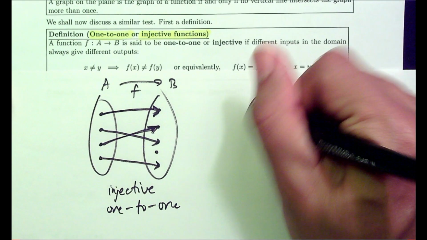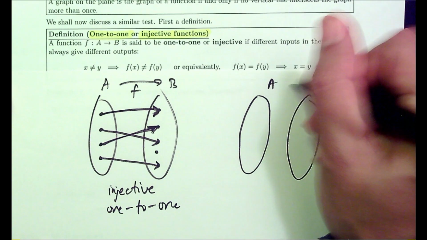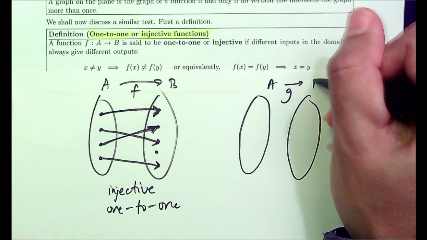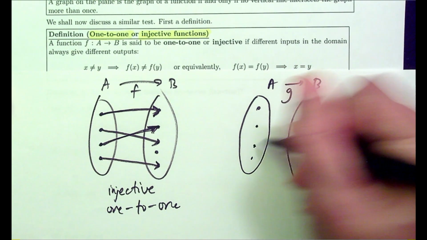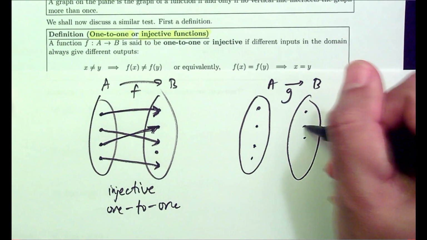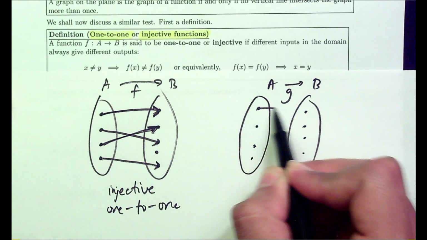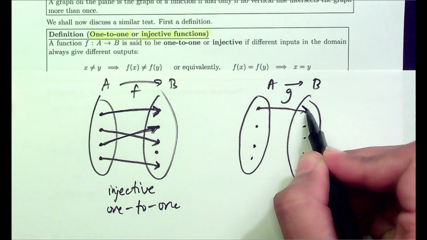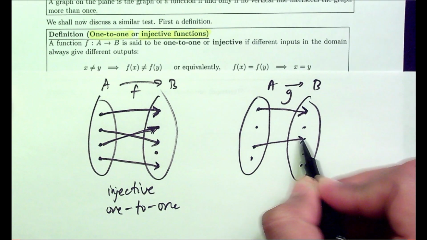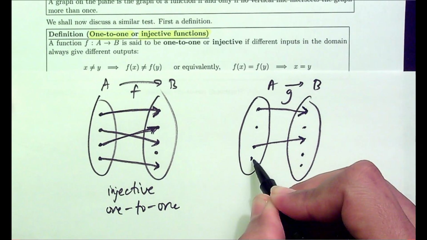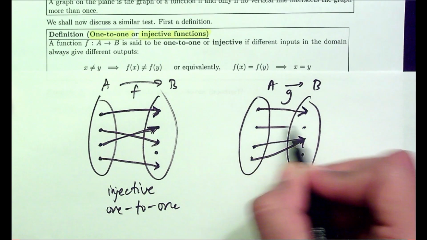Now I can make another example of something that is not injective. Let me call it G. 1, 2, 3, 4, and 1, 2, 3, 4, 5. So let's say this one goes here, and this one goes there, and that one goes there, and that one goes there.